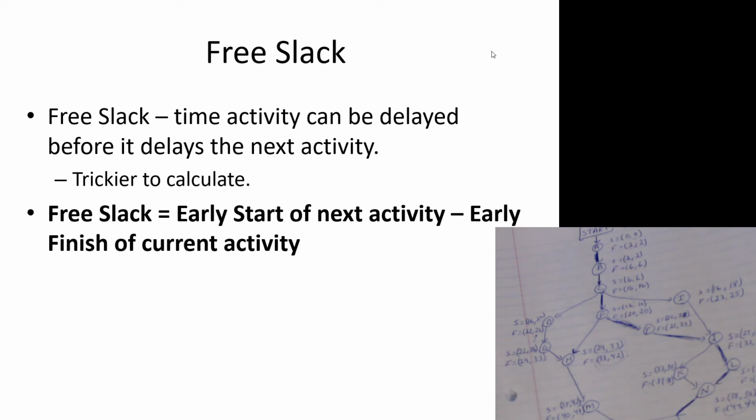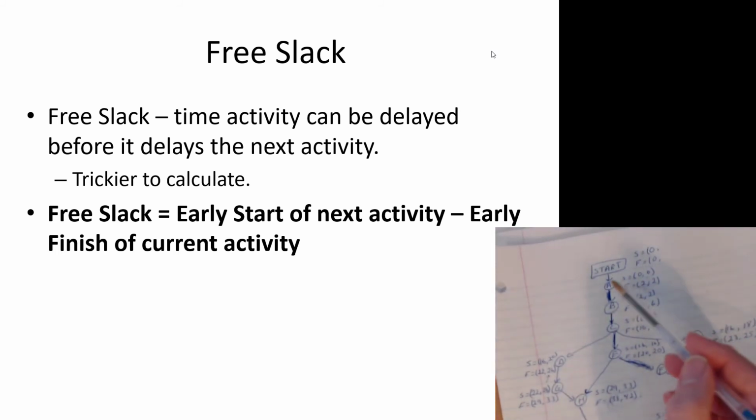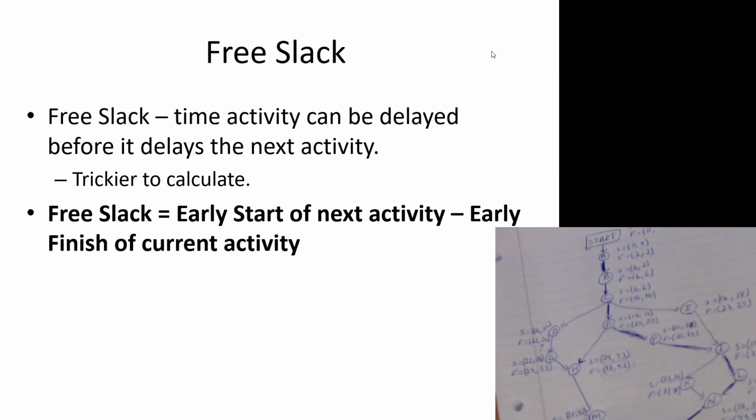Now, just like with activity slack, if you're on the critical path, no slack at all, free or activity. So that makes our life a little bit easier as we look at the critical path activities of A, B, C, E, F, J, L, and N. No free slack there, no activity slack. Okay. Activities off of that path will have some activity slack, but they may not have free slack.